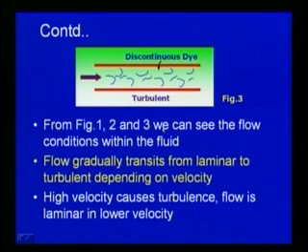So, starting from laminar, there is a transitional stage, and then it goes to turbulent flow conditions. That means as we keep on increasing the velocity, the flow gradually transits from laminar to turbulent depending upon the velocity.